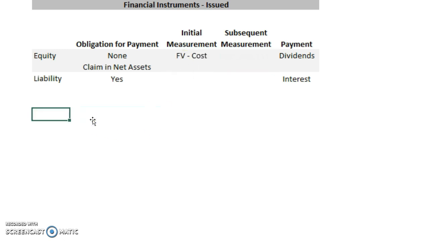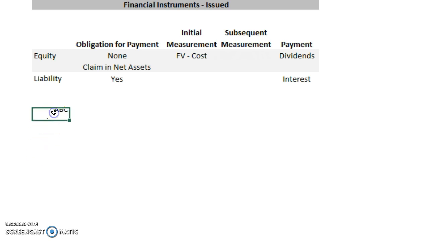And how might that look? So let's have an example. Company ABC issues 100,000 shares at $4, and the shares have a nominal value of $1.